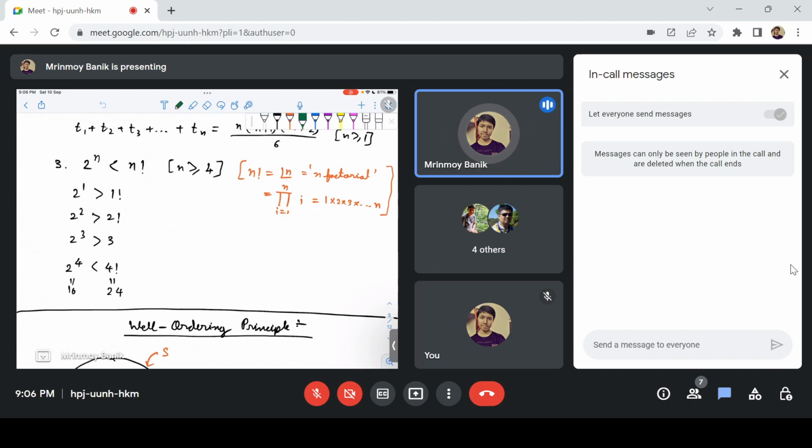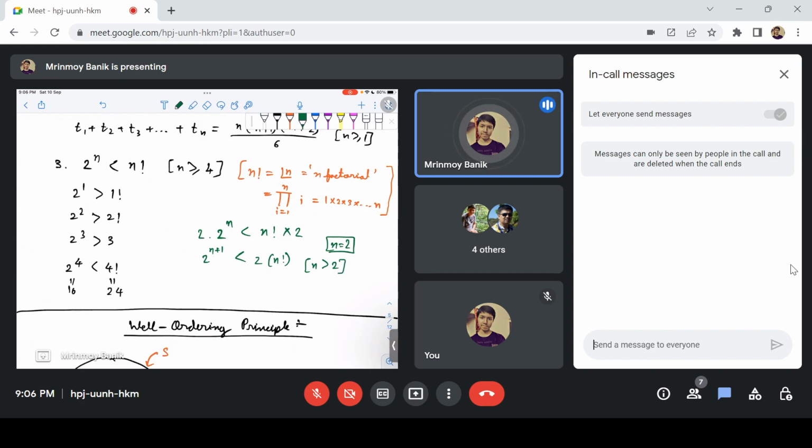In the inductive step we have 2 power n less than n factorial as our assumption, and then we multiply 2 on both sides. So we get twice n factorial on the RHS, and the LHS is 2 power n plus 1. Now, since this is not the base case, we can take n equals 2 as the base case. So here we have n strictly greater than 2 in the inductive step.